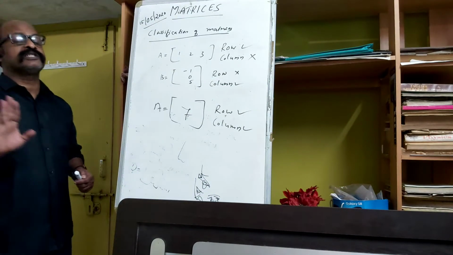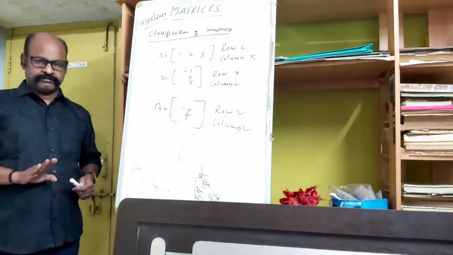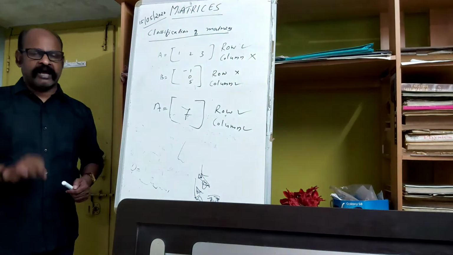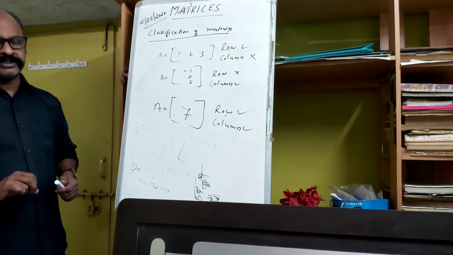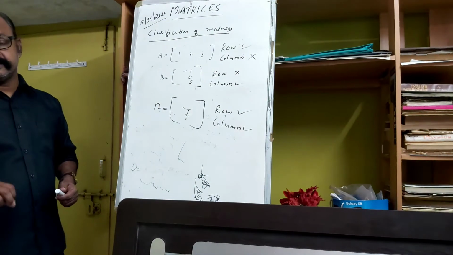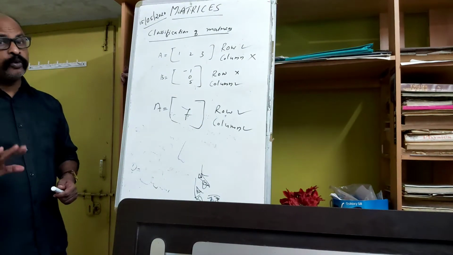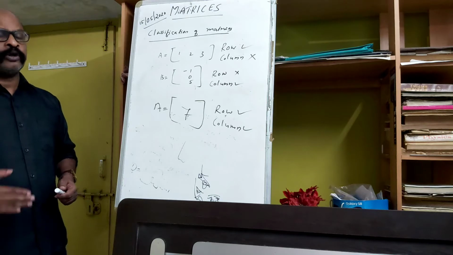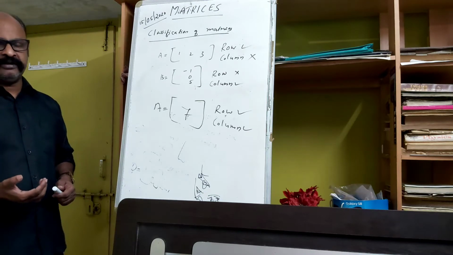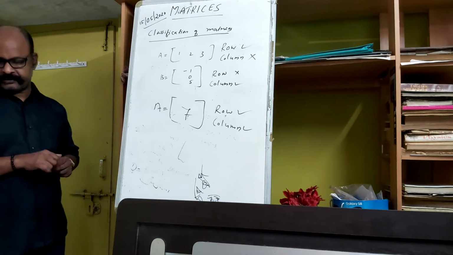There is no other situation. So we can generalize: yes, a matrix having only one element is a row as well as a column matrix. There is no matrix with order different from 1 by 1 that is a row as well as a column matrix.